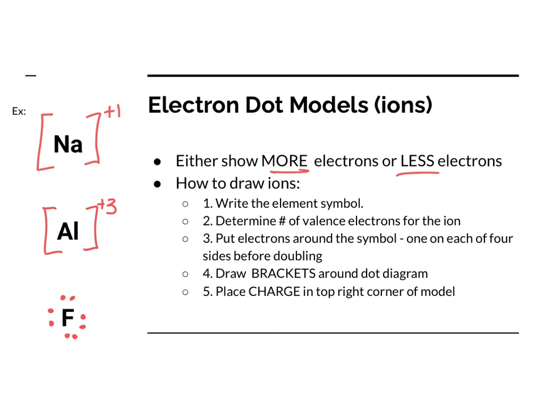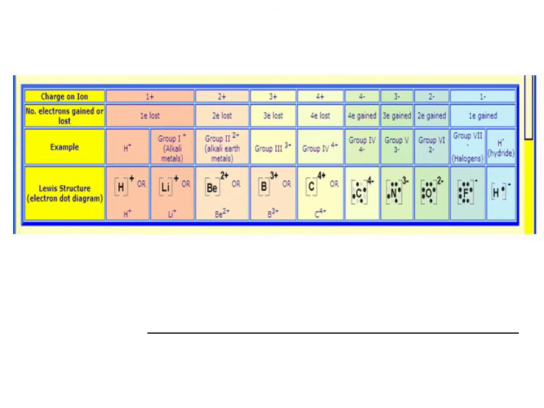But when it gains this electron, that's actually going to give it a -1 charge because now it has 1 extra electron than it did as an atom. So here's another chart that kind of explains these different ions and electron dot diagrams that will form when you're either gaining or losing electrons.